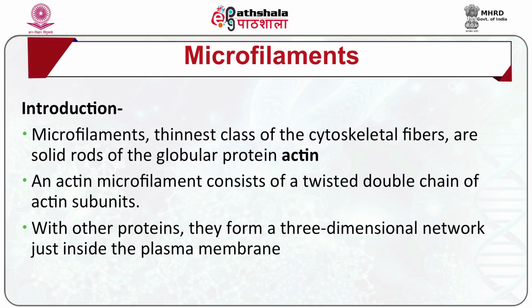Microfilaments. The major cytoskeleton protein of most cells is actin, which polymerizes to form actin filaments, which are thin, flexible fibers approximately 7 nanometers in diameter and up to several micrometers in length.